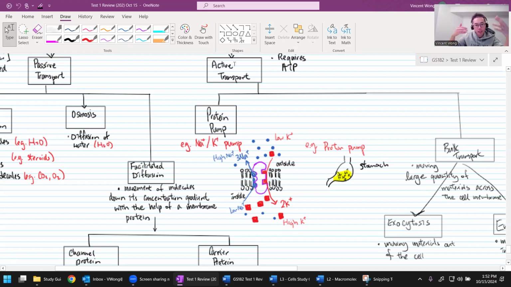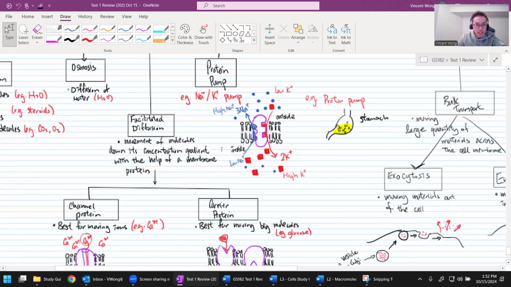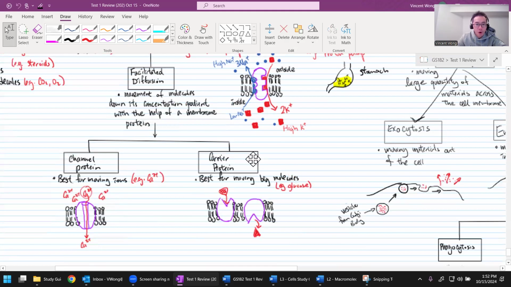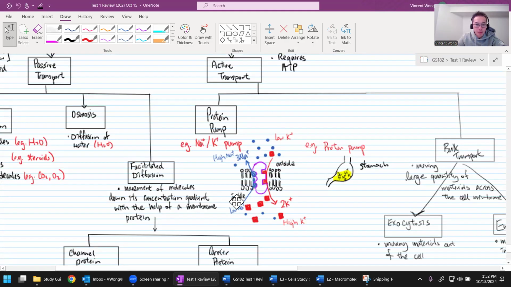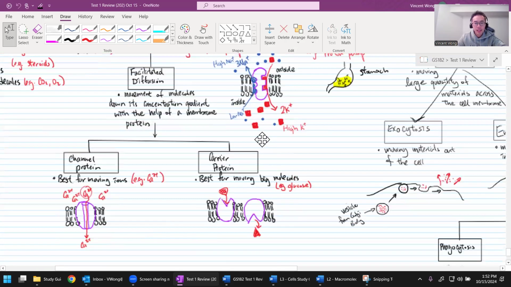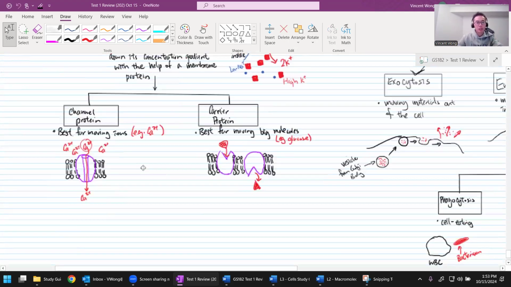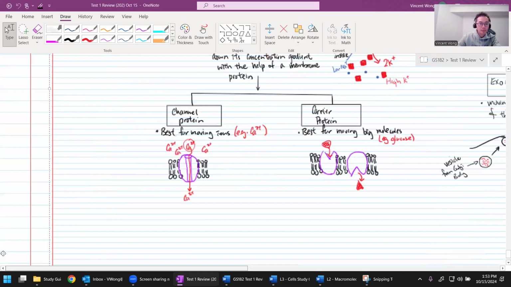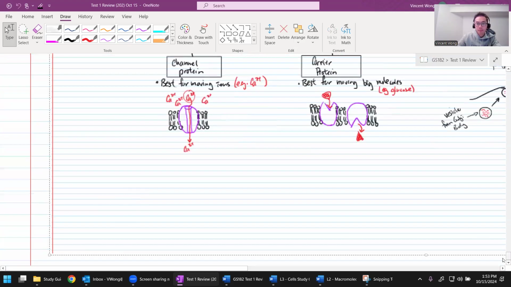One is from high to low, the other is low to high. One requires energy, the other does not. But how are they similar? They both involve some kind of membrane protein. So make sure you know this chart well. Okay, moving on.